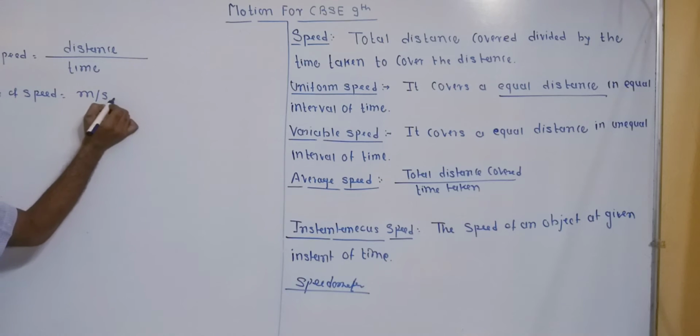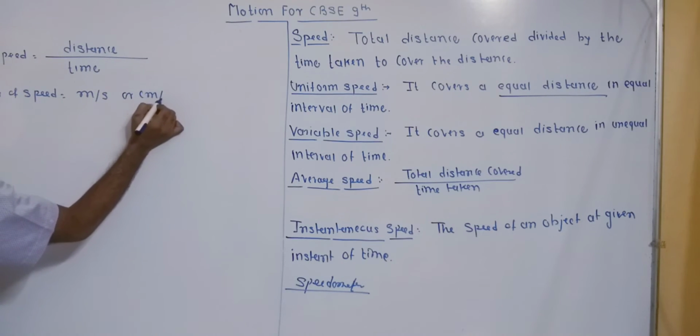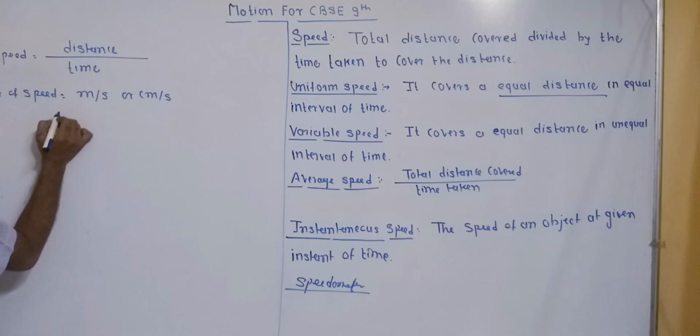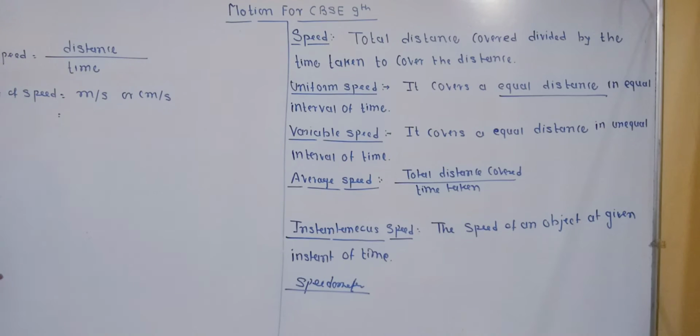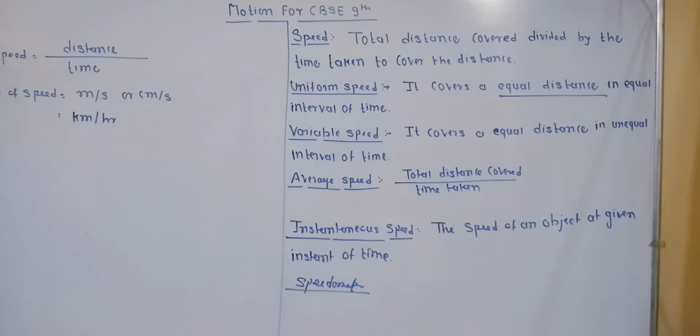meter per second. In the CGS system, centimeter per second. For vehicles which cover a long distance in a short interval of time, like aeroplanes, trains, or automobiles, we can measure or define the speed in kilometer per hour.